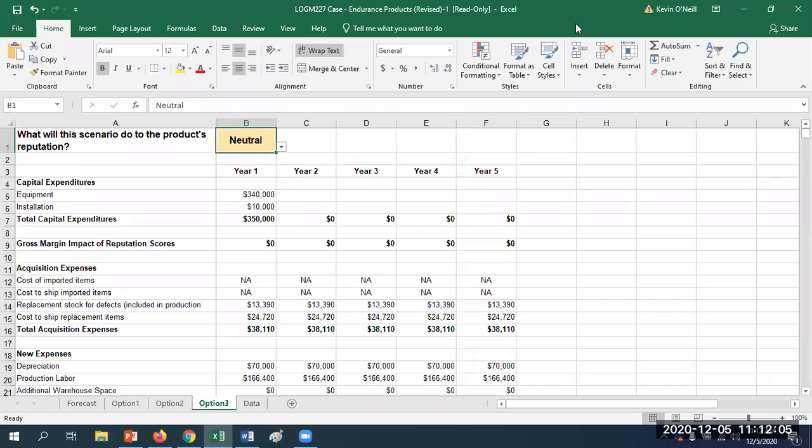That's really it. In most cases, there is no exact right answer. In many cases, there is. Sometimes you'll look at this and go, oh, we'd be crazy not to do that. But you need to think it through, and you need to defend your choice. That's what I look for in a case analysis.